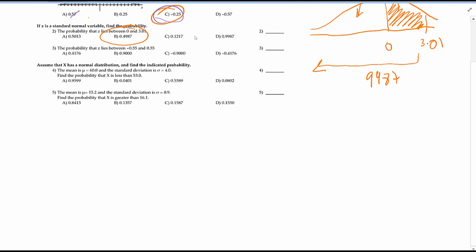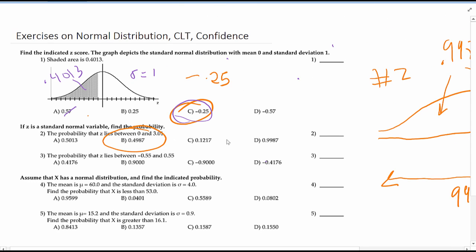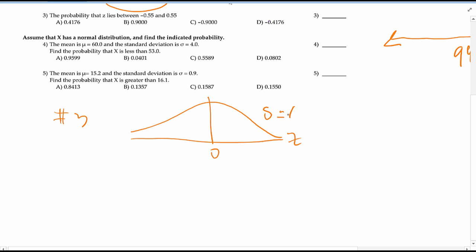Let's look at problem number 3. In number 3, we say that the probability that the variable lies between negative 0.55 and 0.55. So in problem number 3, we're talking about a variable that has a standard normal distribution, that means mean 0 and standard deviation 1.